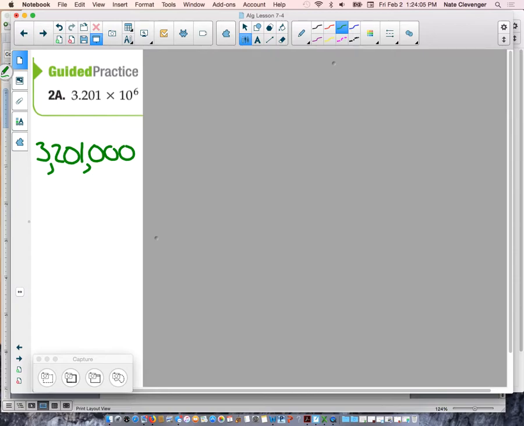So you're multiplying by 1 million, so that's 6 zeros. So you move your decimal to the right 6 places. It's just shortening up the writing of that so you don't have all the extra stuff. So if it's positive, you go to the right. That makes more sense.